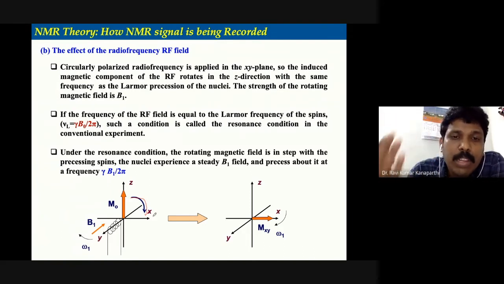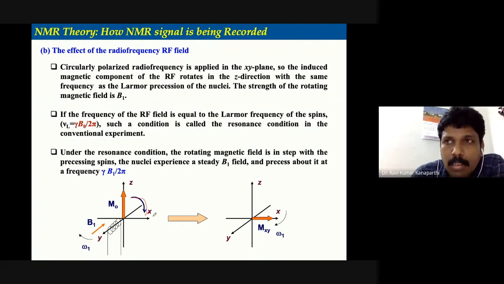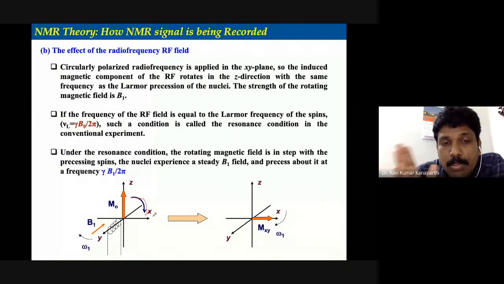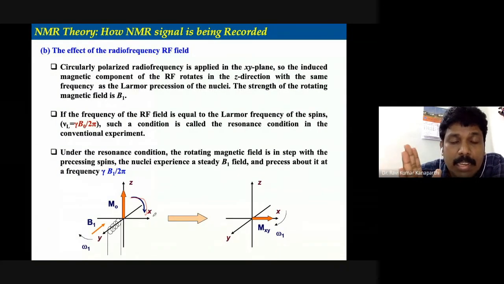In which plane it precesses is again a matter of discussion; we will see that. But usually in an NMR experiment, B1 is applied such that the net magnetization vector tips to a 90-degree angle, and then it rotates in the XY plane.